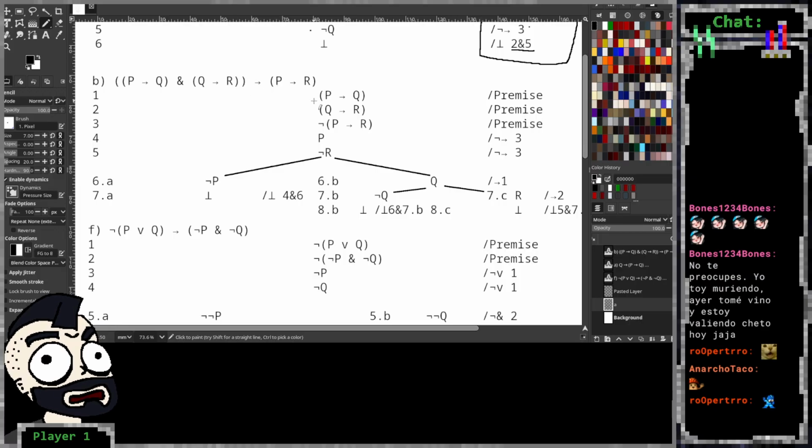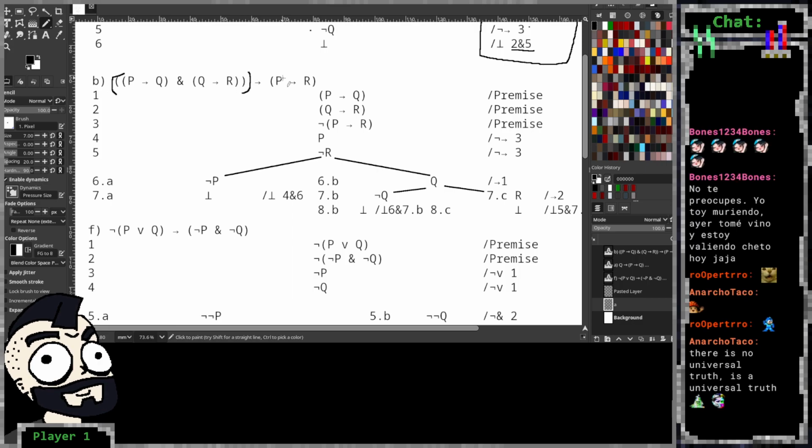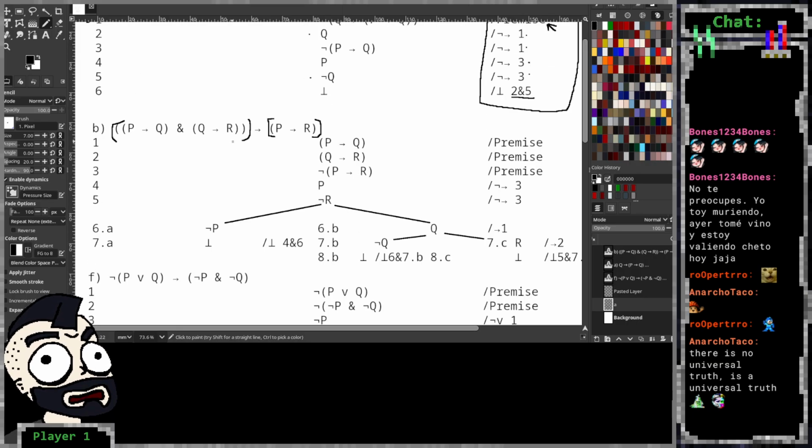Now, with a little know-how that we went over last week, I know that this is basically an argument in which this are the premises and this is the consequence or conclusion. So now I could just start with this formula and negate it and so on, but it's just extra steps.